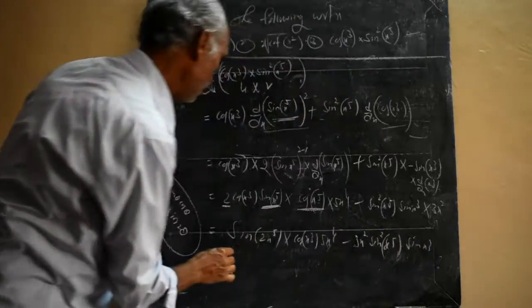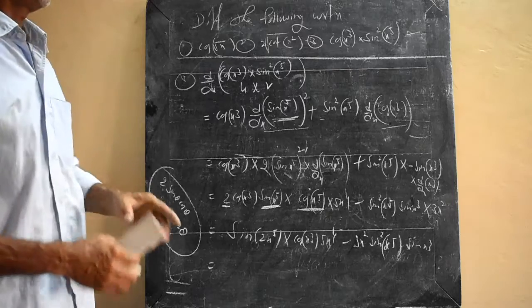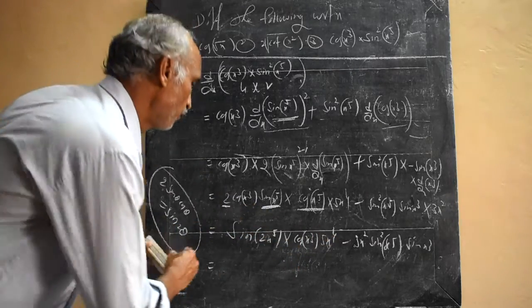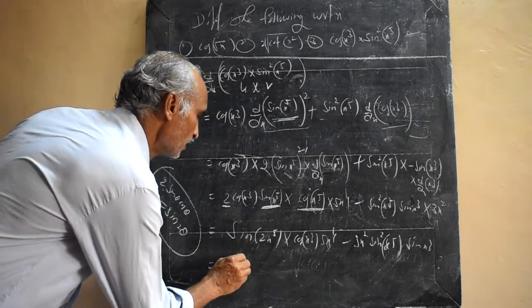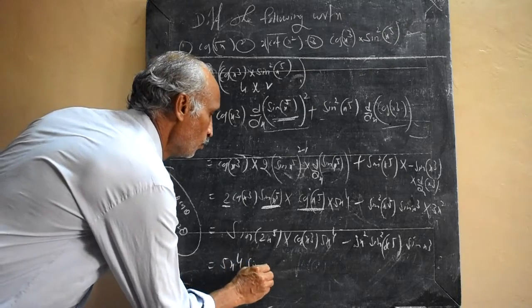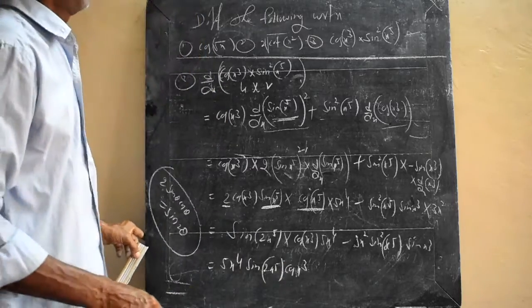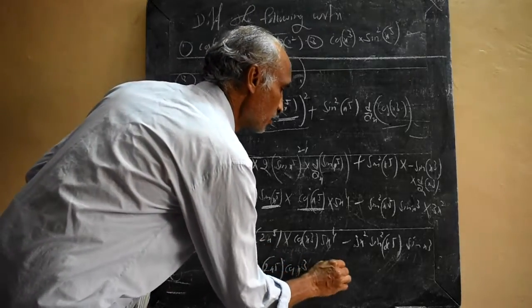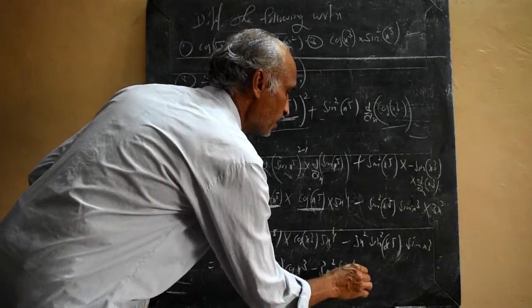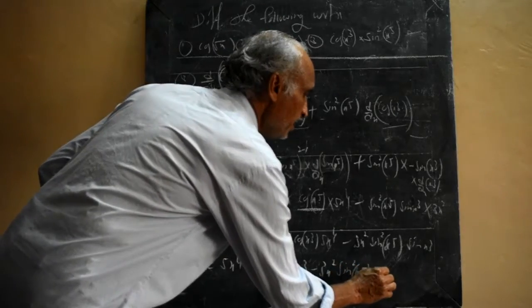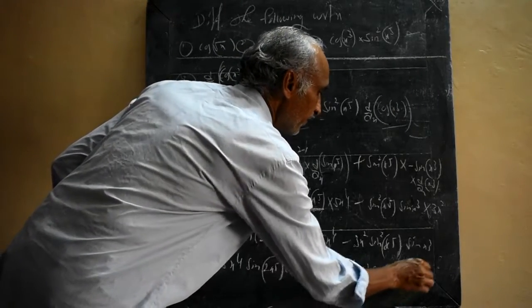Now let us write it in the proper order: 5x raised to 4 sin 2x raised to 5 into cos x cube minus 3x square sin square x raised to 5 into sin x cube. Okay, the final answer.